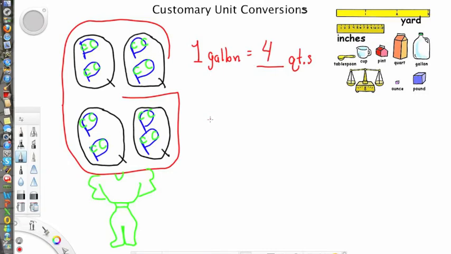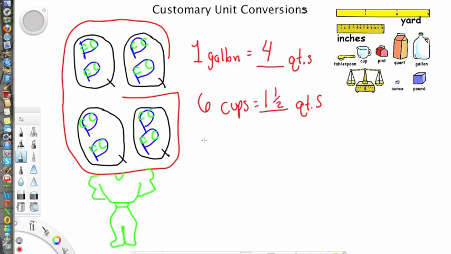Let's try 6 cups equals how many quarts? Well, I've got 1, 2, 3, 4. That 4 cups is 1 quart, but then I've got 2 more cups, which is a pint, and it makes up half a quart. So that's 1½ quarts.